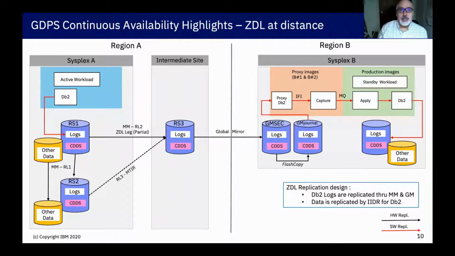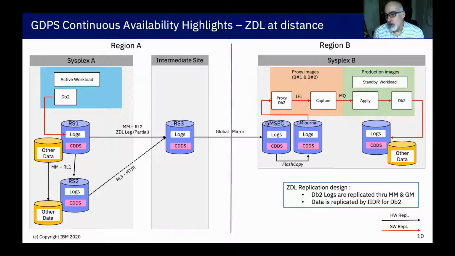And with new functionality in the DS8000 and DB2 and everything else, we can now read from the GM journals, and we can provide consistent data to the proxy DB2 in the same way that we do if we read from the secondaries of the Metro in the zero data loss solution at metro distance, to allow that DB2 to present the information to the capture process and then to the apply engines to copy the data into your other active instance of the DB2.